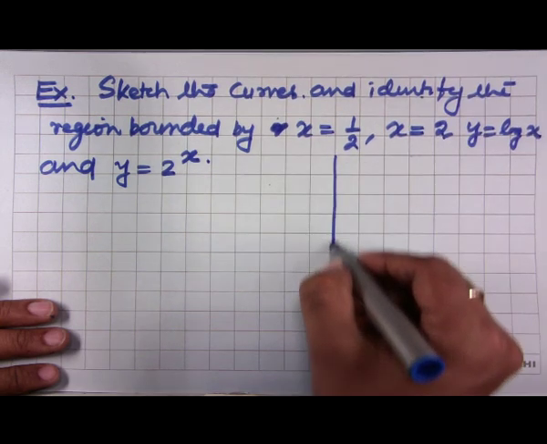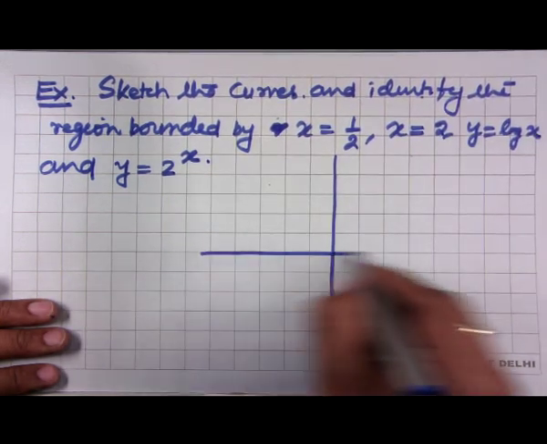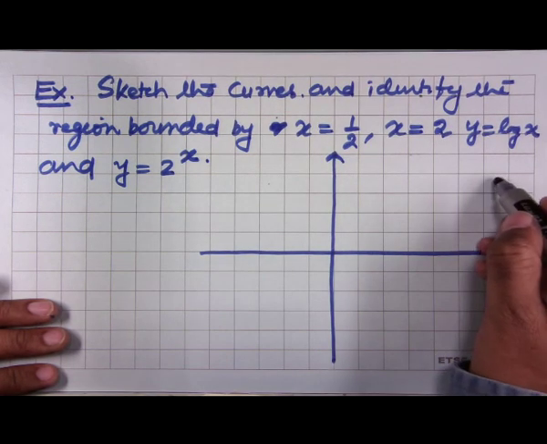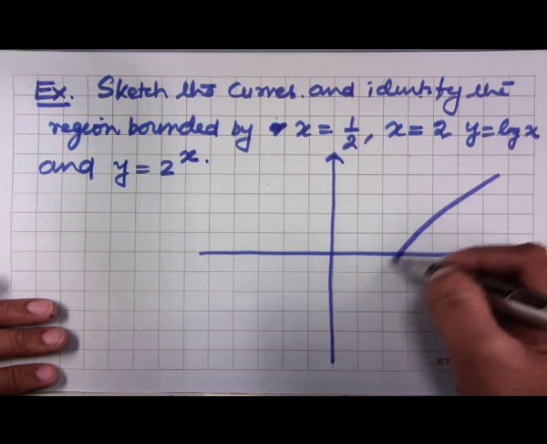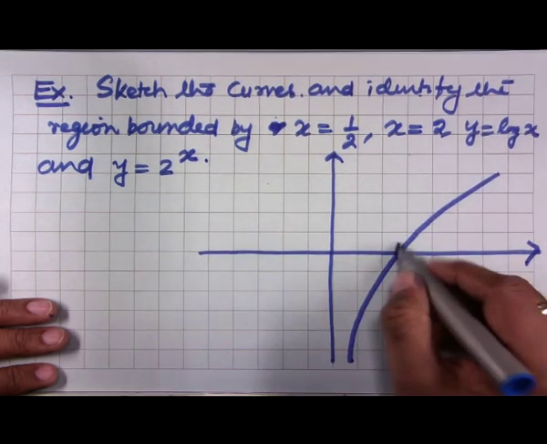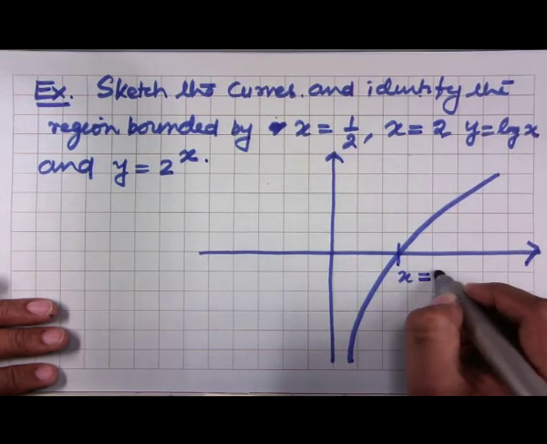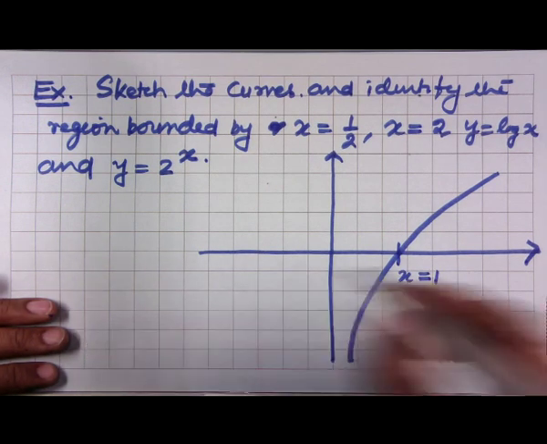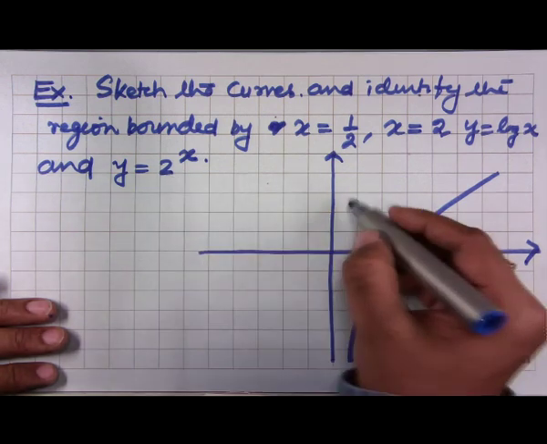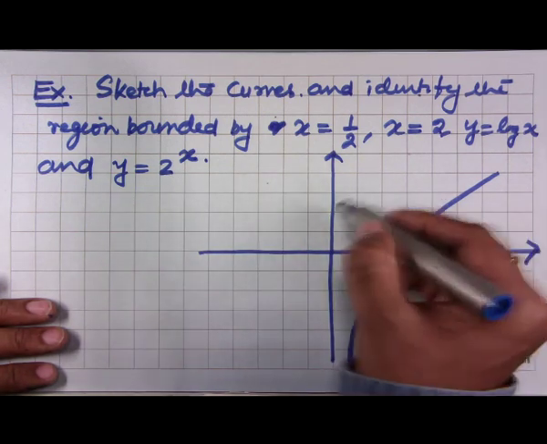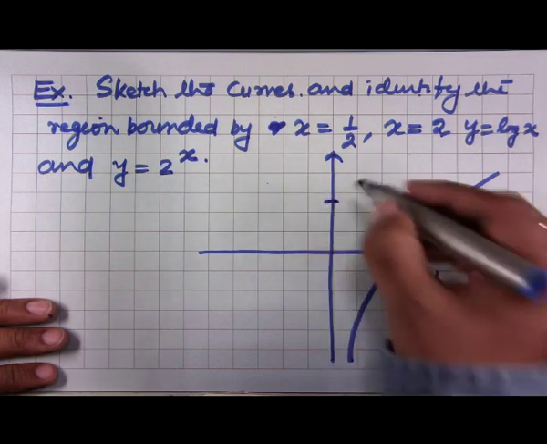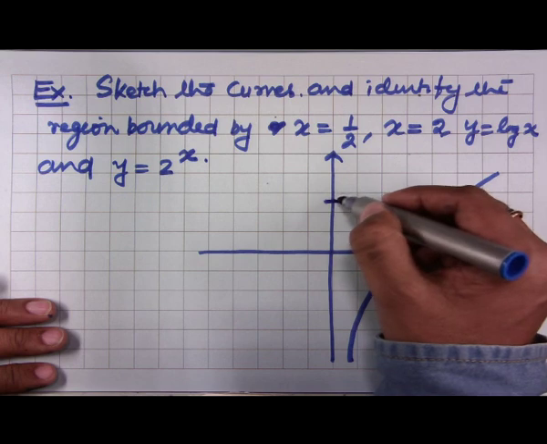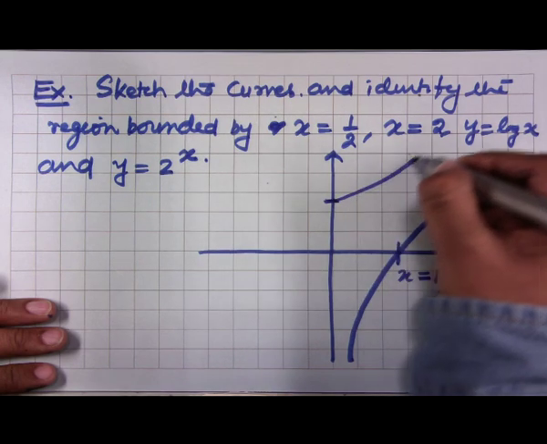So if you plot the region, log x is drawn like this. This is x equals to 1, and then 2 to the power x, at 0 it is 1, and when x increases its value increases, so it goes like that.